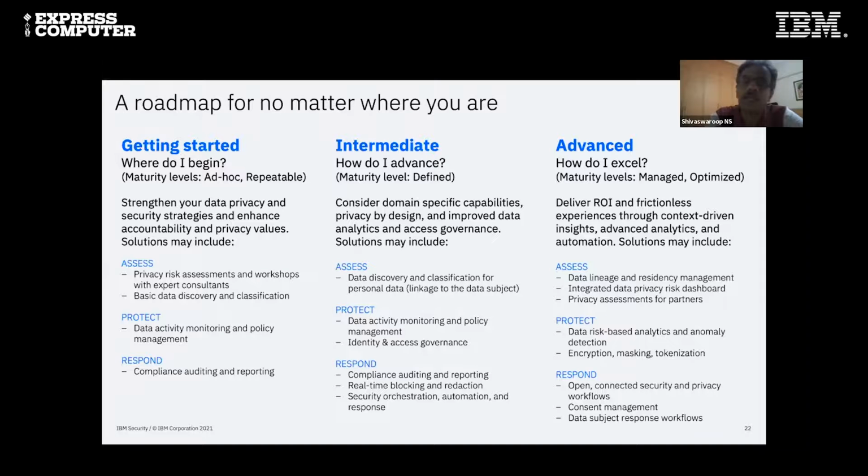Now, based on that trigger, many other activities happen in the enterprise. Similarly, in the advanced maturity stage of data privacy, your trigger point becomes your consent management system, where the owner of the data is indicating to the controls that you have implemented as to what should be done with the data.